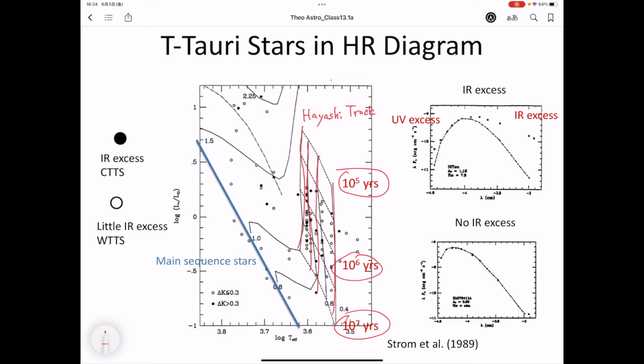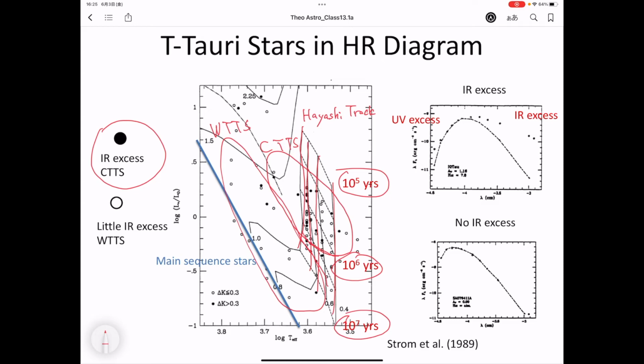The classical T-Tauri stars are expressed by the solid black circles. So you can recognize that solid black circles can be discovered in these regions. This corresponds to CTTS. An open circle can be discovered in this region, and that is WTTS. So as we expected, WTTS is older than the CTTS.